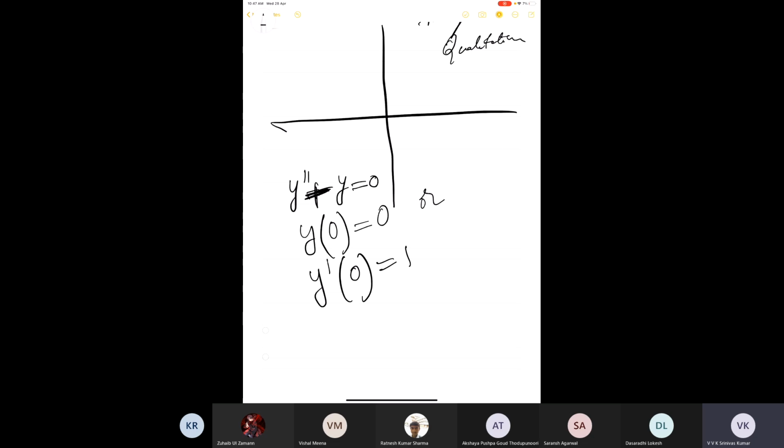Or you can take the same equation y double prime plus y is equal to 0, y of 0 is equal to 1, and y prime at 0 is equal to 0. These are the simplest examples. Suppose just pretend that you don't know the solution of this initial value problem.